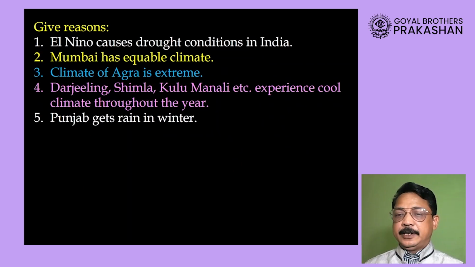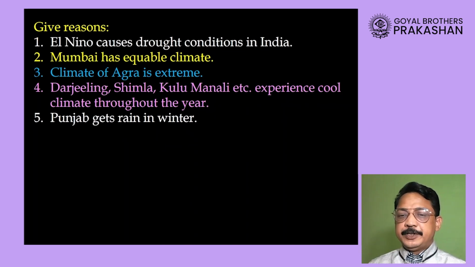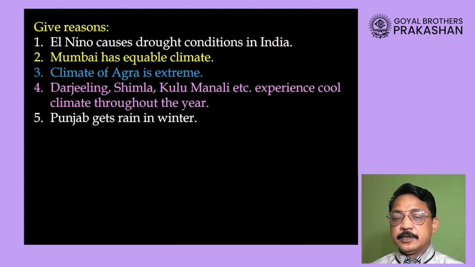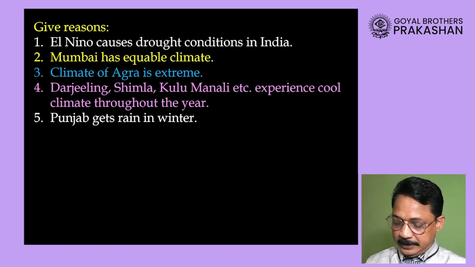So the answer is that El Nino is a warm ocean current flowing in the western coastal region of South America, which causes southwestern monsoon winds to get deflected towards them, and in this way less number of monsoon winds, I'm talking about south monsoon winds, are blowing towards India. This is how causing less rainfall in India.